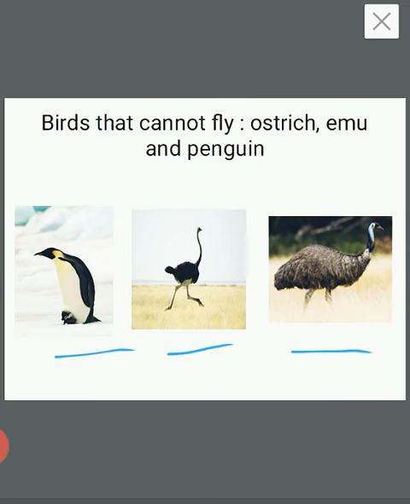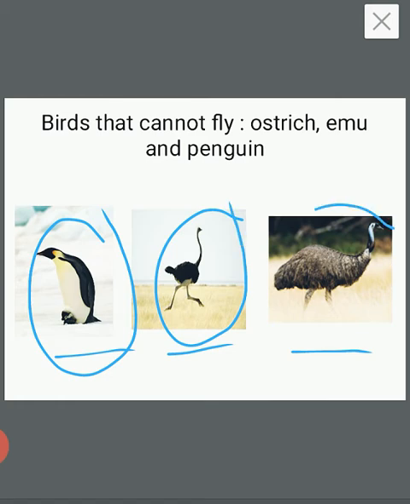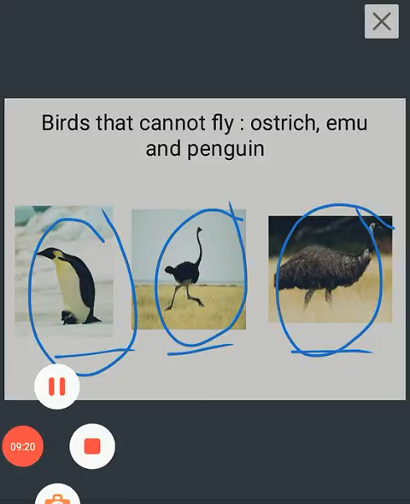Children, by seeing the image itself you can identify that the size and weight of these birds are very heavy. That is why, because of their heavy bodies and poorly developed wings, they are not able to fly, but they are good runners.